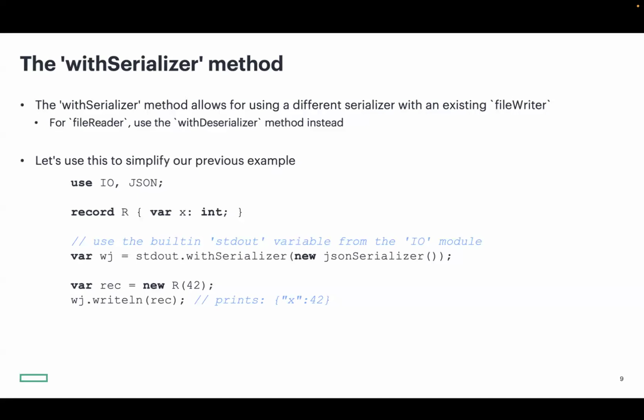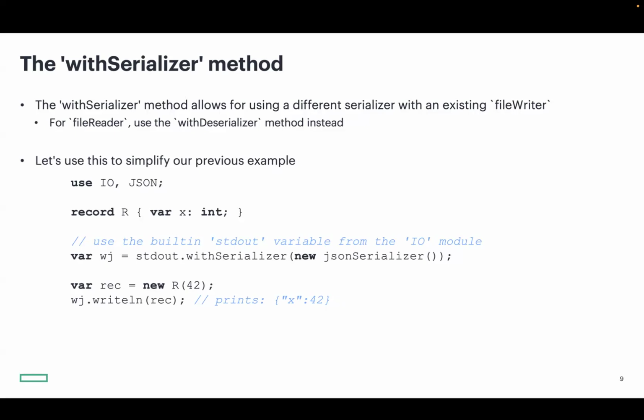That's not the only way to get a file writer with a particular serializer. We also have a method called withSerializer that you can invoke on an existing file writer. Similarly for file reader, you use a method called withDeserializer instead. Let's use the withSerializer method to simplify a previous example.